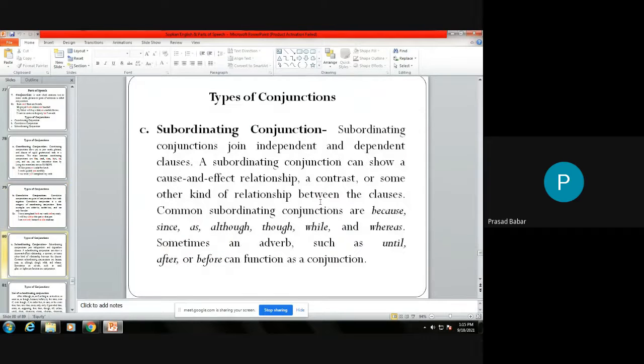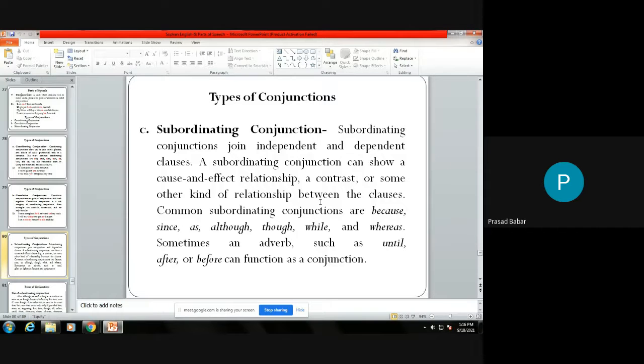Then the third type is subordinating conjunctions. Let's see the definition. Subordinating conjunctions join independent and dependent clauses. There are two types of clauses in a sentence, and to join them we use subordinating conjunctions.